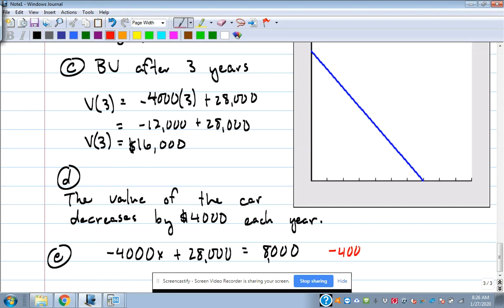Subtract 28,000, negative 4,000x equals negative 20,000. X would be 5 years. So same things that we were doing on examples A and B, but in the context of a word problem. So nothing is really strenuous about the word problems in this particular section. Just dealing with how it works inside of a word problem.